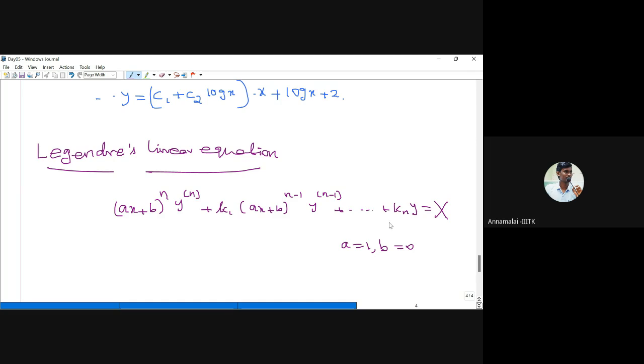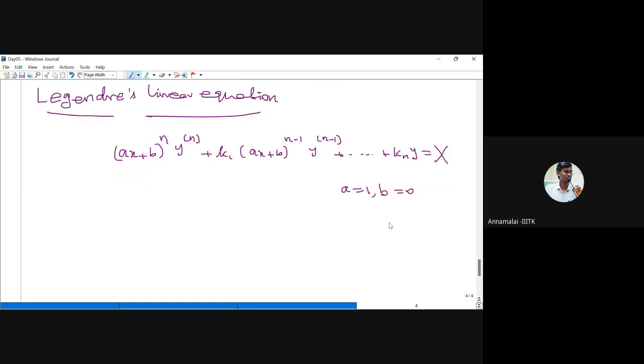Now, anyway, I can write how to find the solution of this Legendre equation. Same thing again. Instead of taking x equal to e power t, you have to take ax plus b equal to e power t.